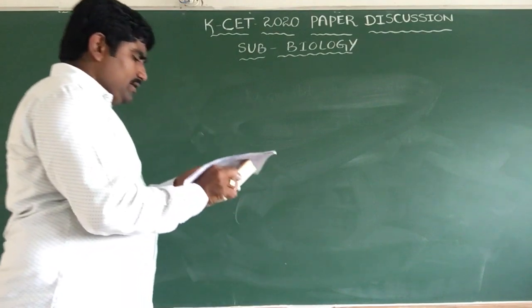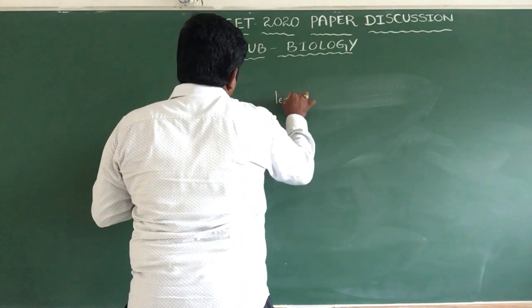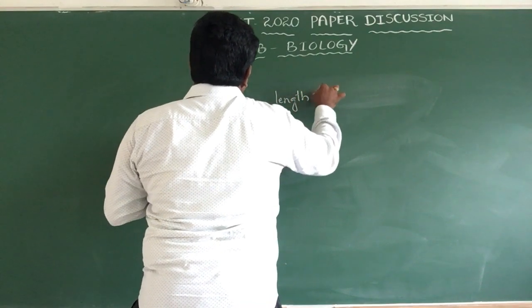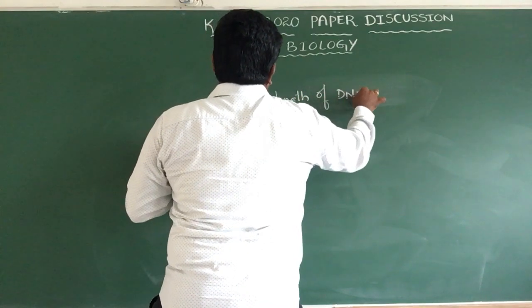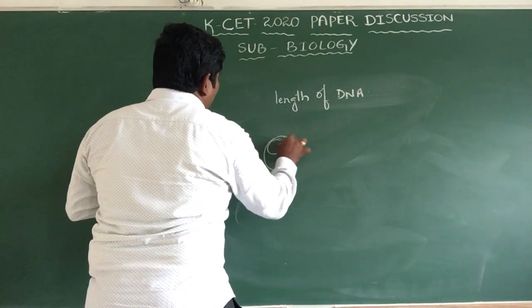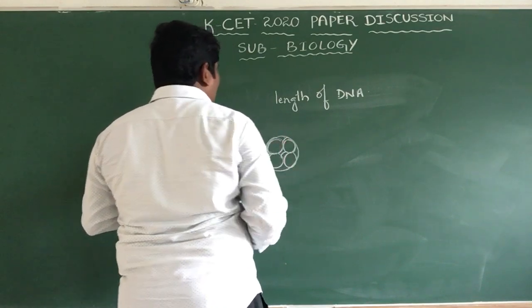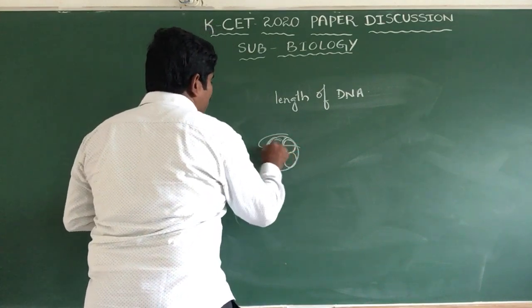Next one is the length of DNA in a nucleosome. A nucleosome is an octamer of histone proteins, and two wrappings of DNA will be there.